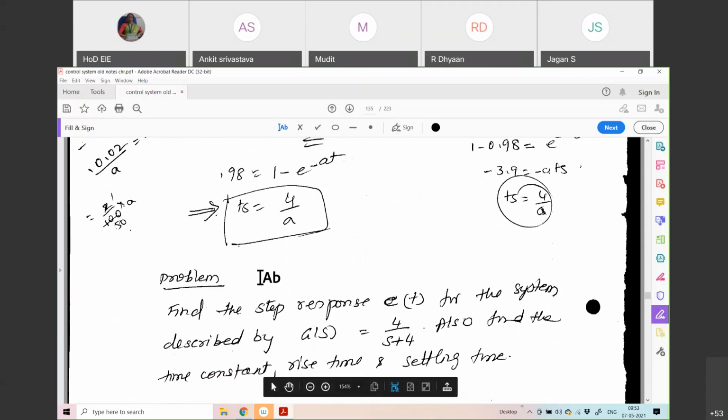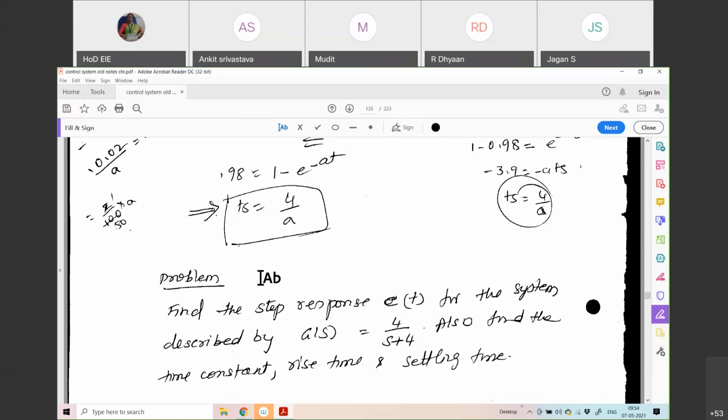And there is something called settling time, the time taken for the output to settle within a particular error band. As I told you, after the transient dies out, the steady state response tries to reach the final value and settle down. Whether it is settling down within plus or minus 2% of the final value, or within plus or minus 4% tolerance. As I told, I have to reach the second floor.